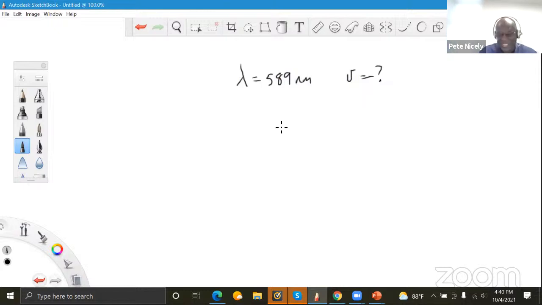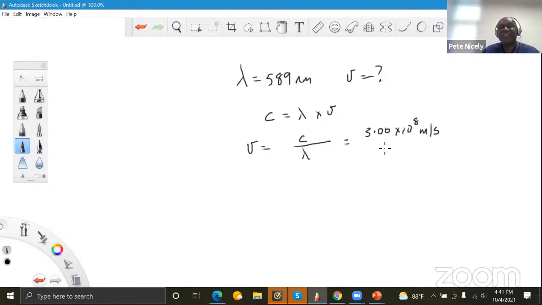Now remember, the relationship between the speed of light, wavelength, and frequency is c equals lambda times nu, which is the frequency. So therefore, nu is equal to c divided by lambda. Now, c is always going to be 3.00 times 10 to the 8 meters per second. That is the speed of all forms of radiation.